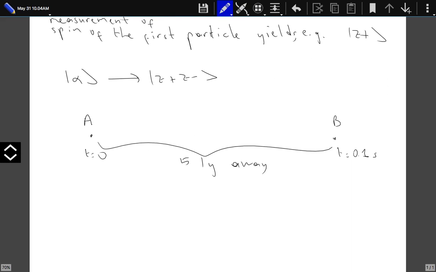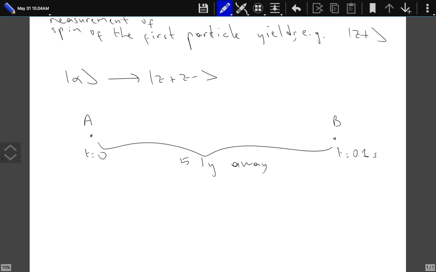And suppose, for example, the measurement in A decides to send one bit of information by, for example, instead of measuring the Z component, measuring the X component. If B can somehow determine that A was measuring X instead of Z, that would be like sending a bit of information.